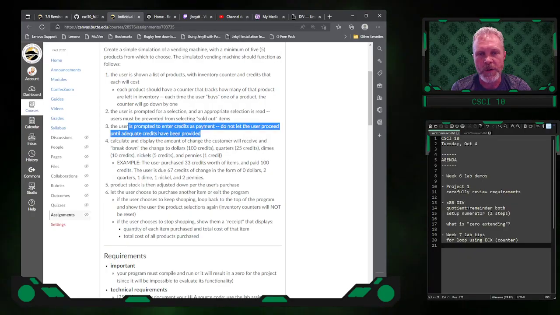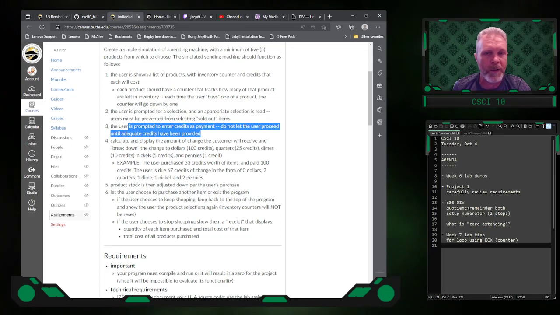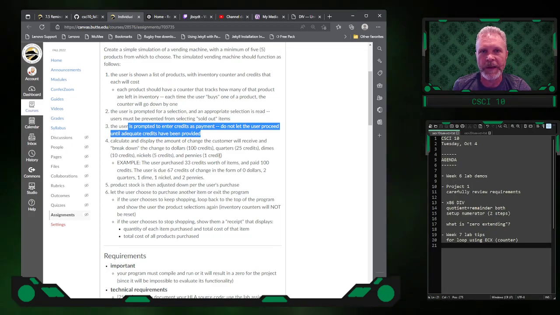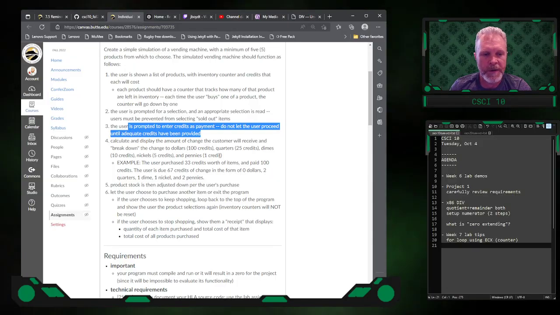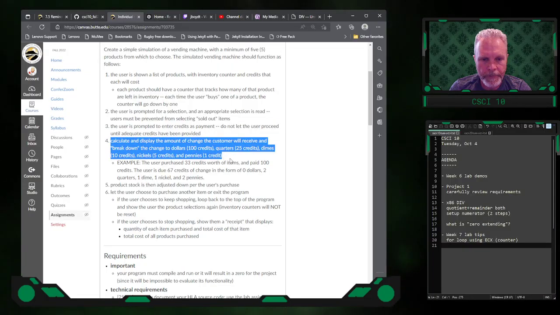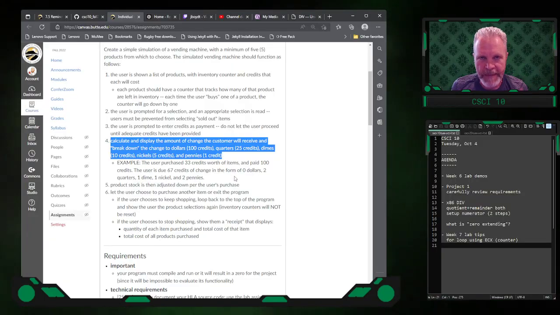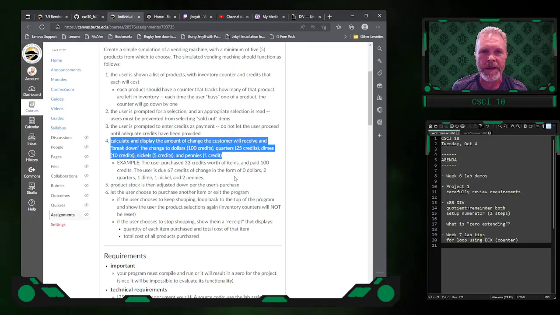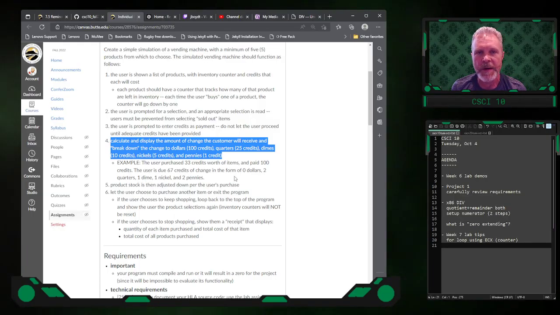So payment, so you should allow underpayment, exact payment, and overpayment, and deal with all of those things. So if they pay too little, ask them to pay more until they've paid enough. If they pay too much, give them change. And then this is a little bit artificial, I know, but I wanted to make a requirement that you have to use the div instruction in the program somewhere.